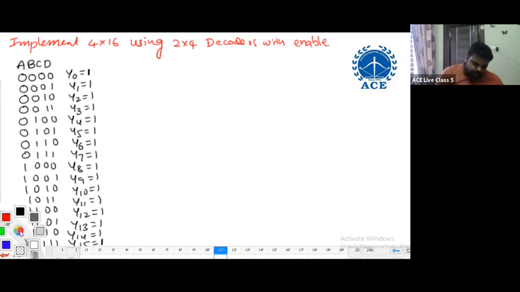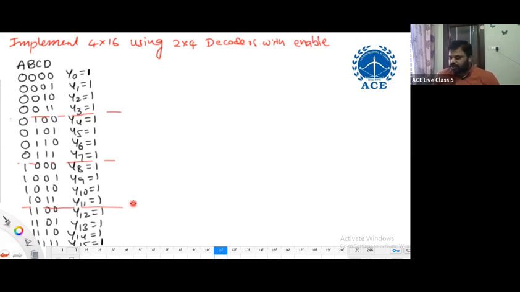Now, each 2 to 4 decoder can produce only 4 outputs. Let me partition this into 4 parts. Right? Each 2 to 4 decoder can produce only 4 outputs.